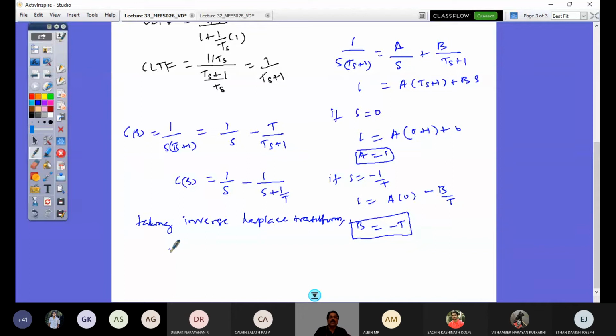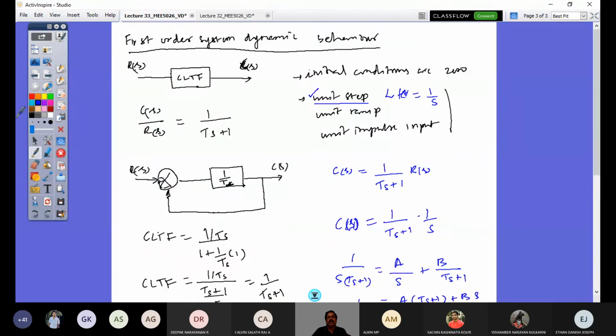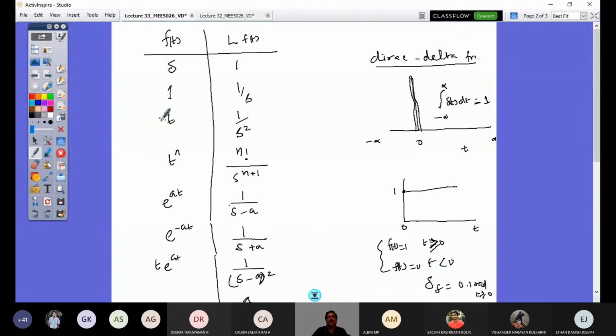So inverse Laplace of c of s is going to be c of t. The inverse Laplace transform of 1 by s is equal to 1. That's what we were writing down in this formula list. If I take the Laplace transform of this function, I get this. If I take the inverse Laplace transform, 1 by s means I'll get 1. If I have 1 by s squared, it is t. Like that you would be able to get.